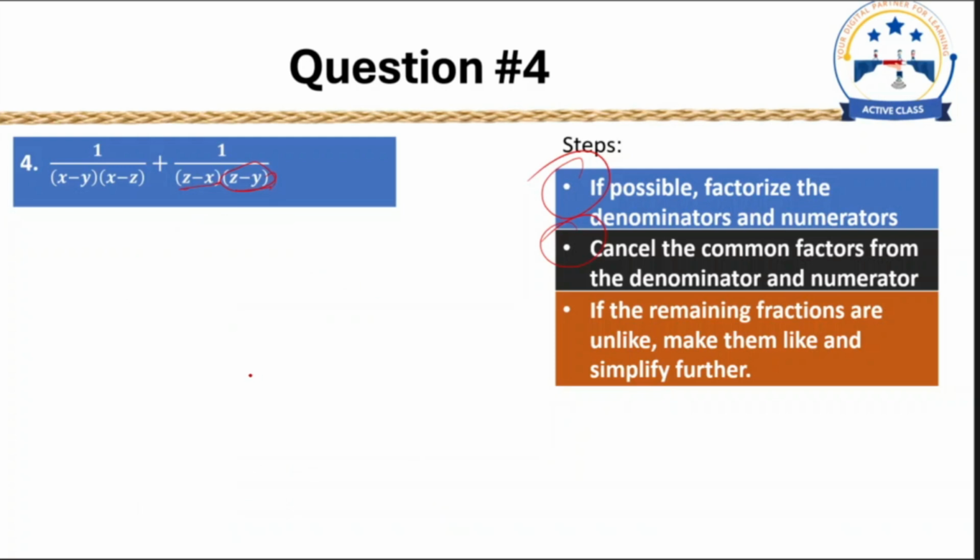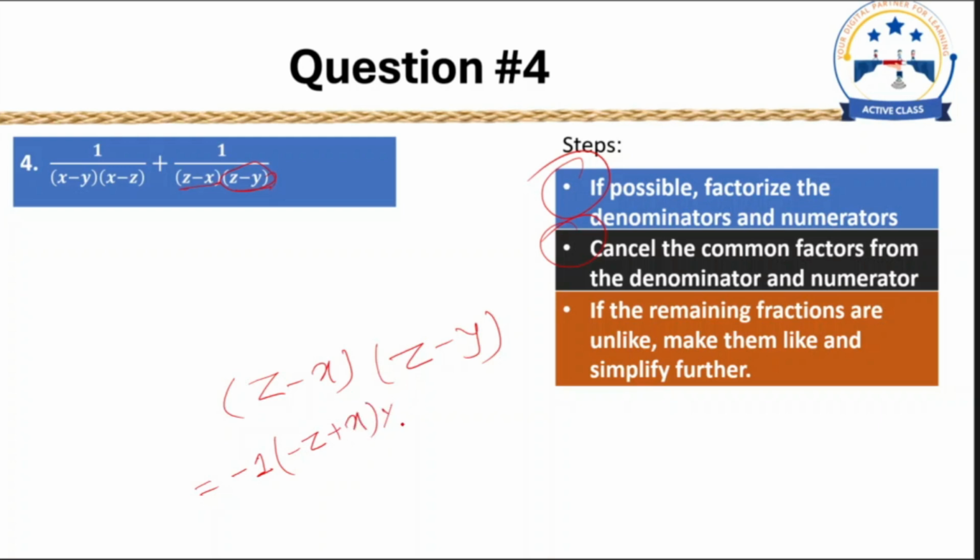Let me show you how this z minus x times z minus y can be changed. So z minus x, I need x minus z. So I will take minus 1 common from it. If I take minus 1 common from z minus x, then this plus z becomes minus z, and then this minus x becomes plus x. Okay?